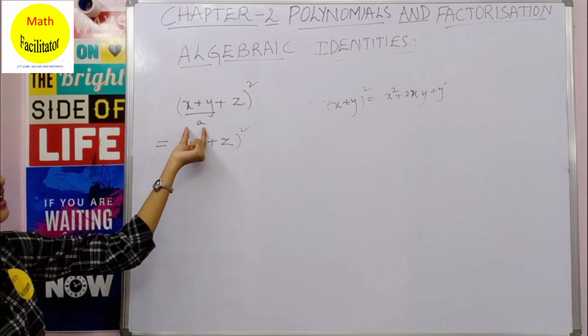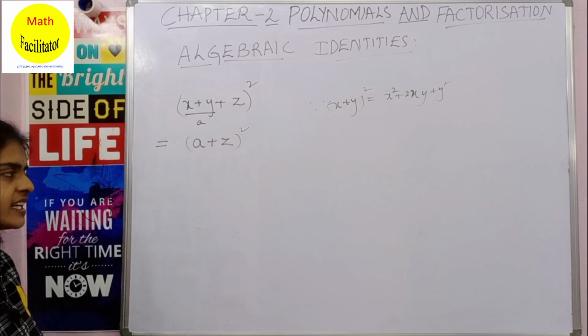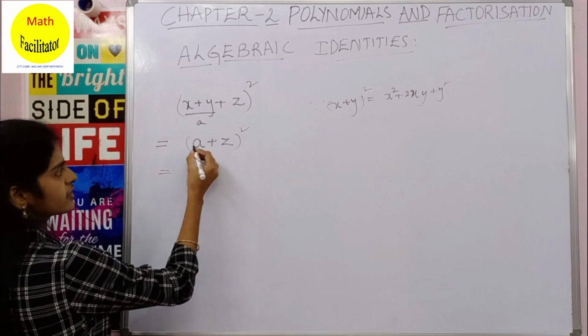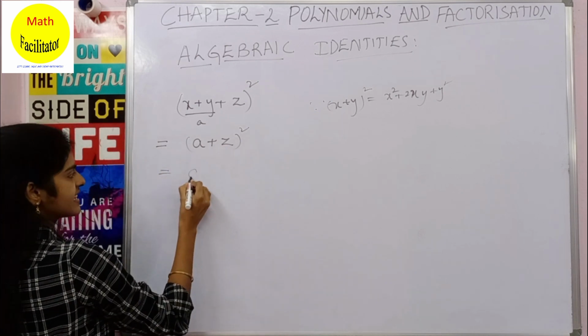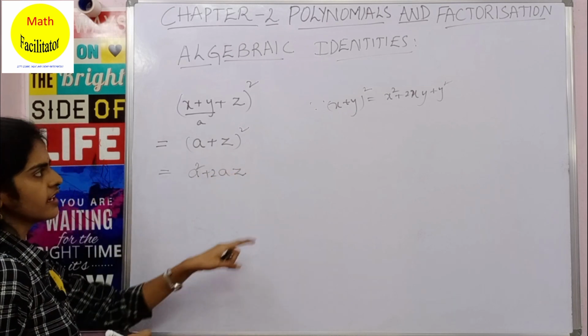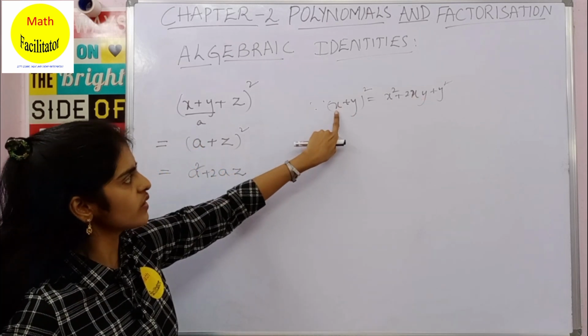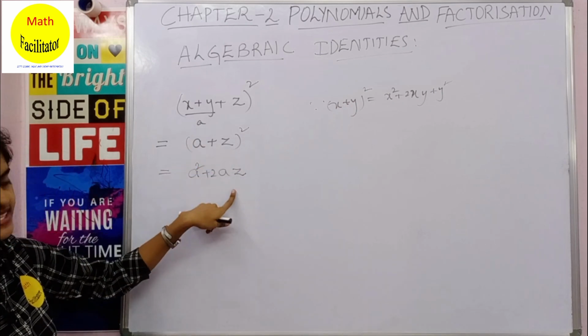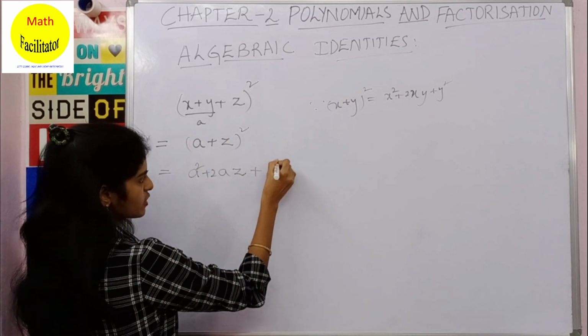You can take any letter but I am taking it as a. So now using this identity you can write this as a square plus 2az plus z square.